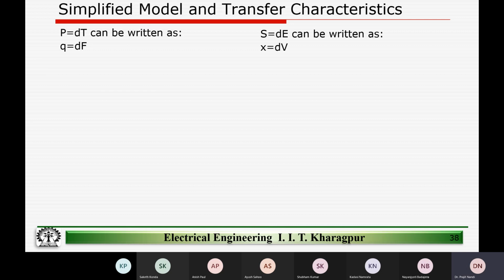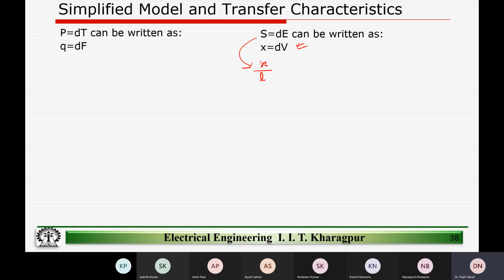Similarly, S is equal to dE can be written as X equal to dV. Is this understood? Why is this happening? What is X? X is the deformation, right? S is the strain. So S, if I write it like this, is X divided by L, right?